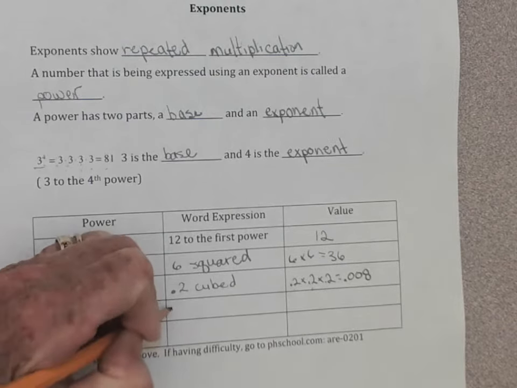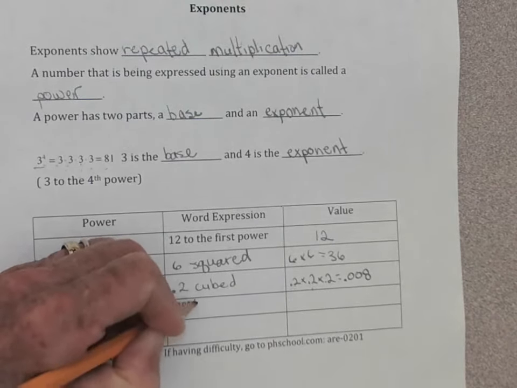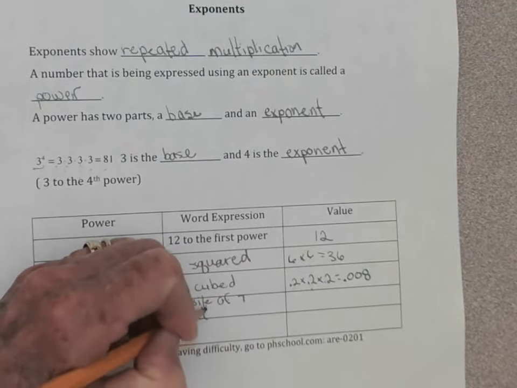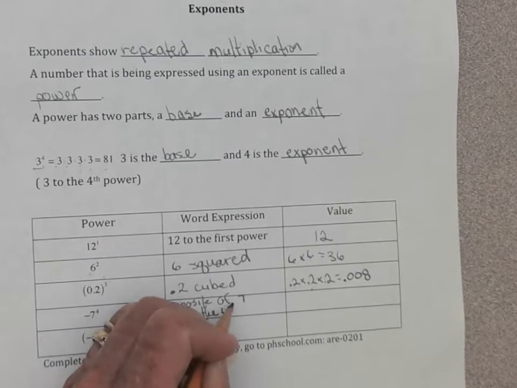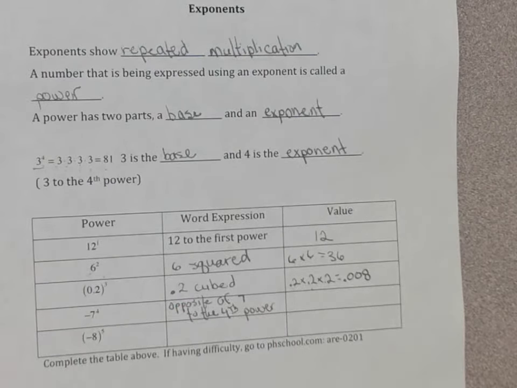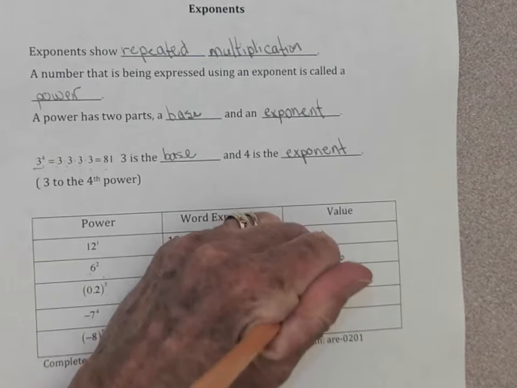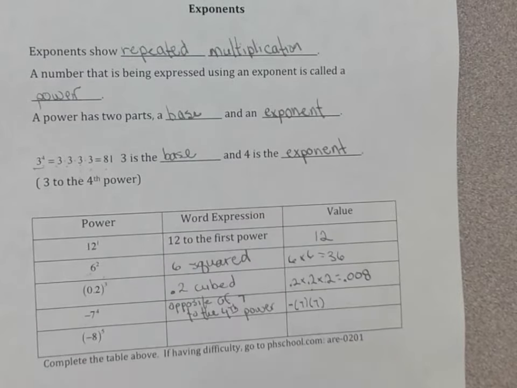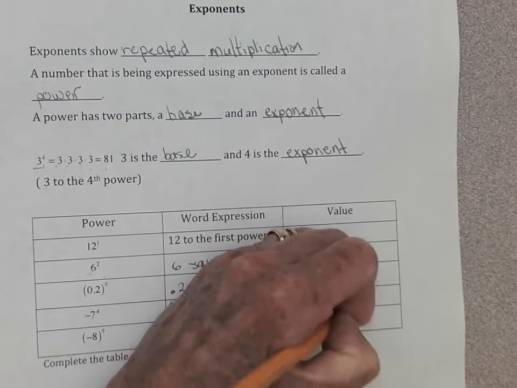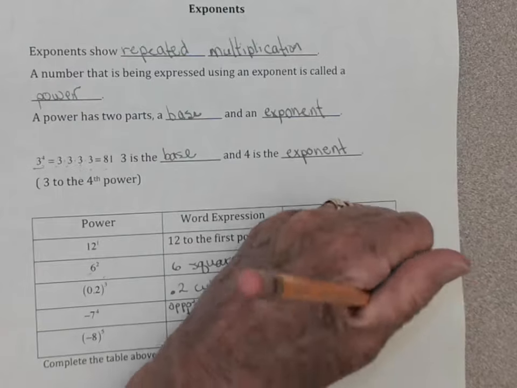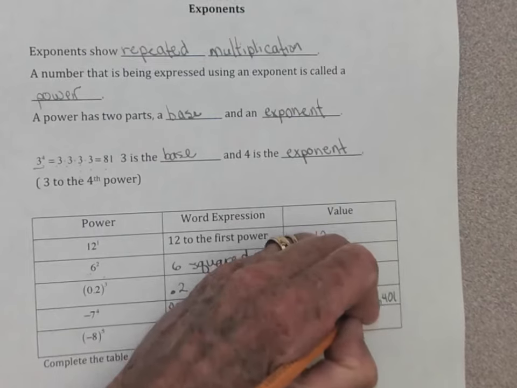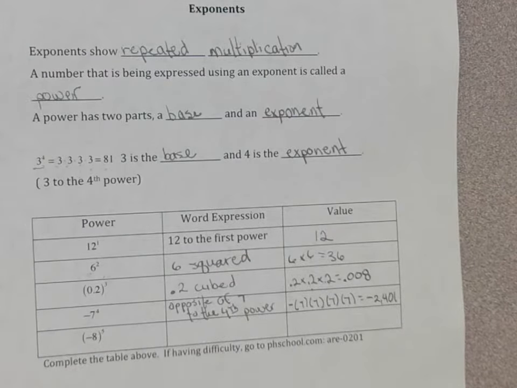So we're going to put a negative sign out here, and then multiply 7 times 7, which is 49, times 7 again, times 7 again, and we get 2,401. But this negative sign tells me I want the opposite of that, so it's negative 2,401.